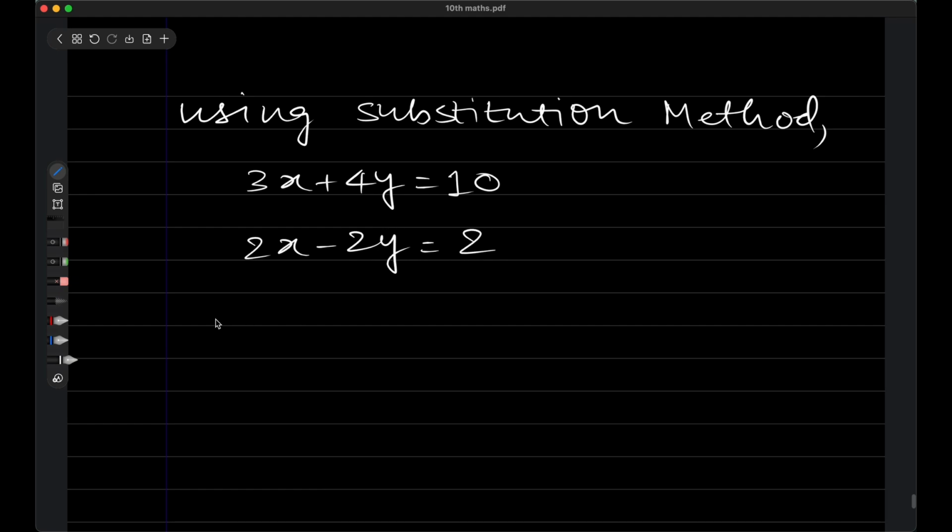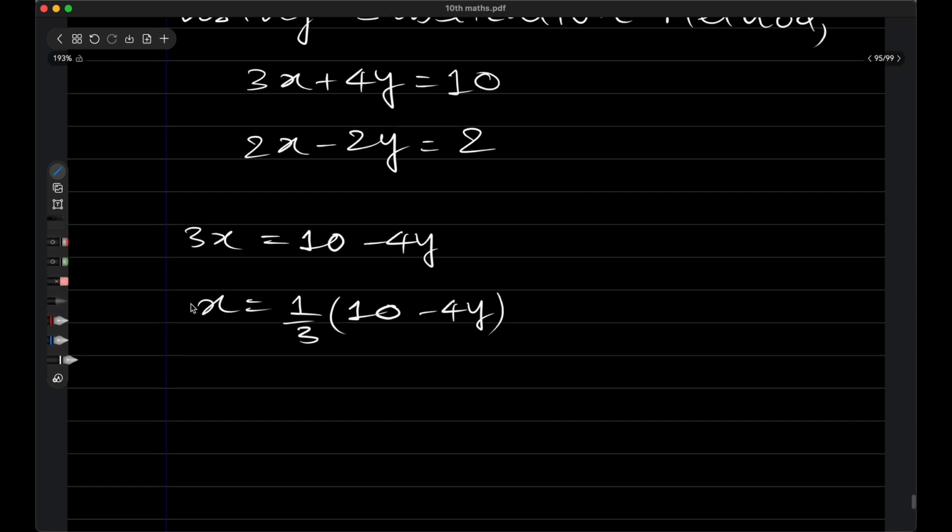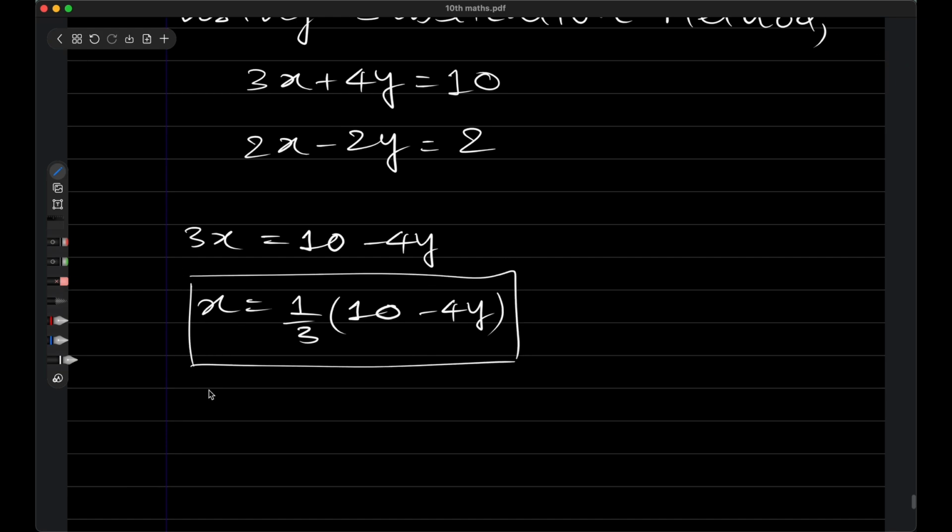taking x as the subject from the first equation, we will get 3x equals 10 minus 4y, x equals 1 divided by 3 in bracket 10 minus 4y. Put the value of x in the second equation.